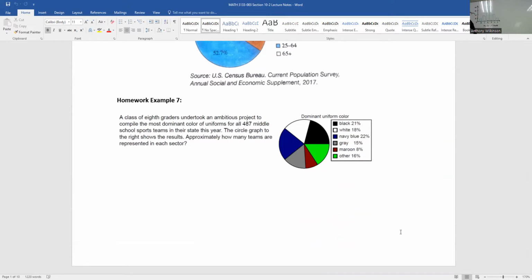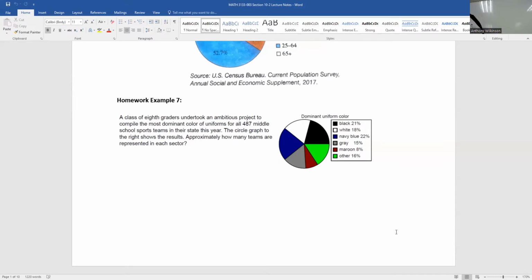Approximately how many teams are represented in each sector? So now we're dealing with 487 middle school teams, and we want to find out how many represent each of those groups.